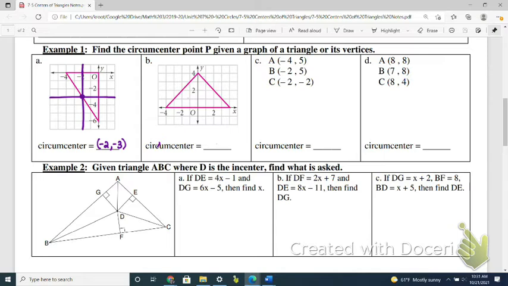So in this case, my hypotenuse is this line right here. And halfway between -4 and 4 is 0. So my circumcenter is 0, 0.